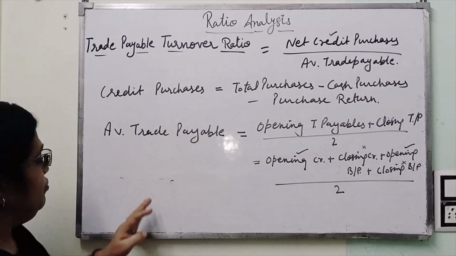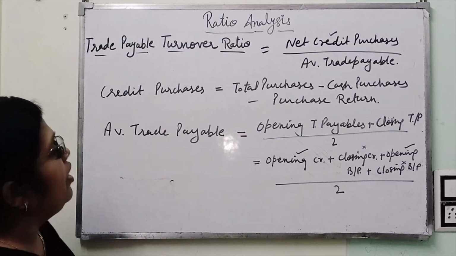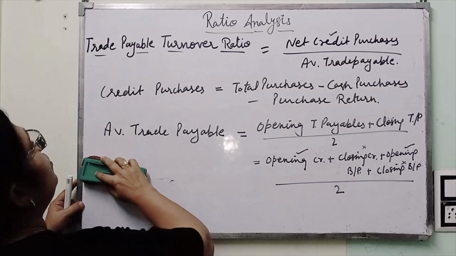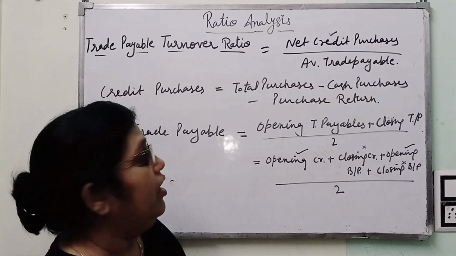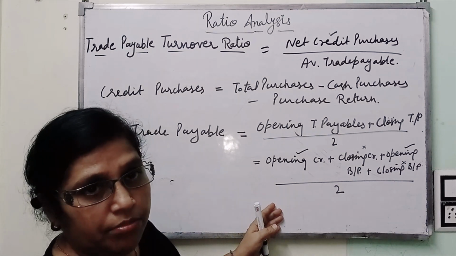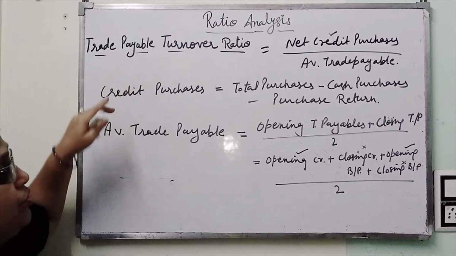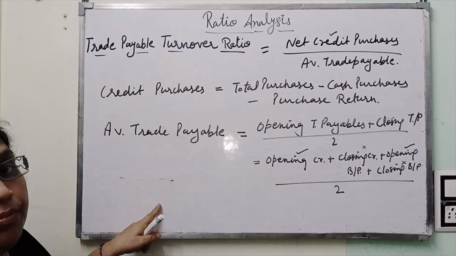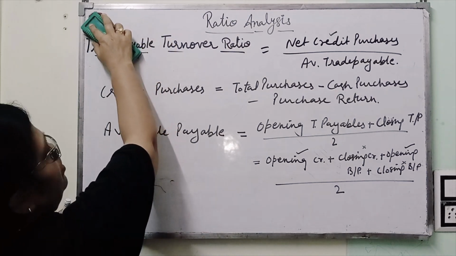Now, in this ratio, we also have to calculate the average payment period. As in debtors turnover ratio or trade receivable turnover ratio, we calculated the average collection period. In that case, we have to collect the amount, but in our case, trade payables, we have to pay the amount. So we have to calculate average payment period. How can we calculate it?